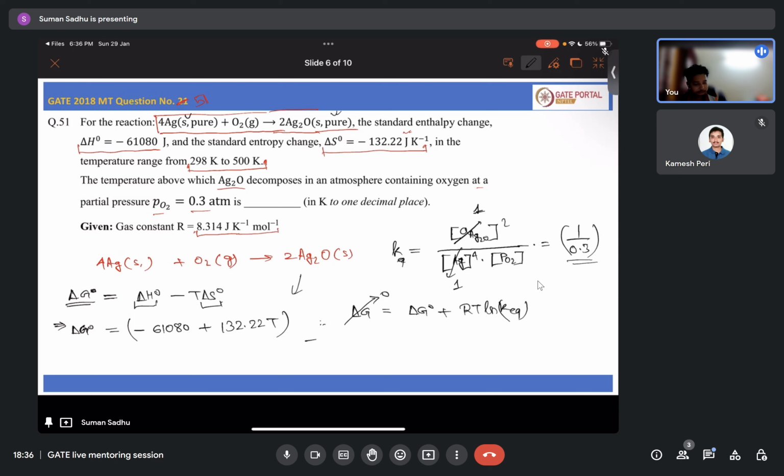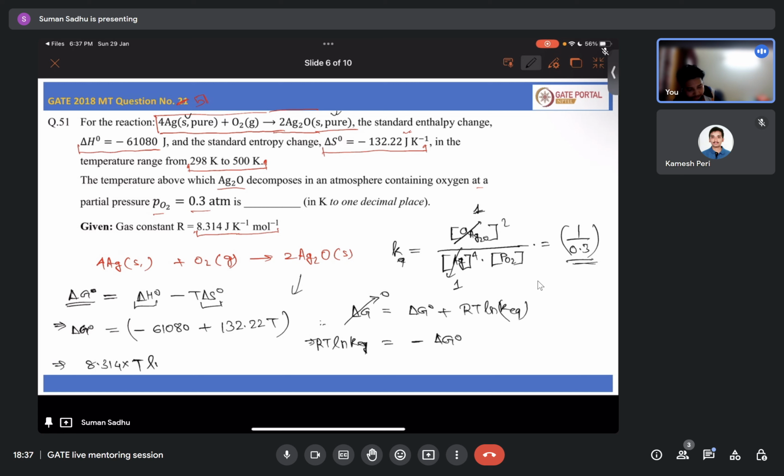Okay, so that means you can write ln K equilibrium is equal to minus delta G naught by RT. Okay, so R is given, that is 8.314, into T, which is not given; T we have to find out.